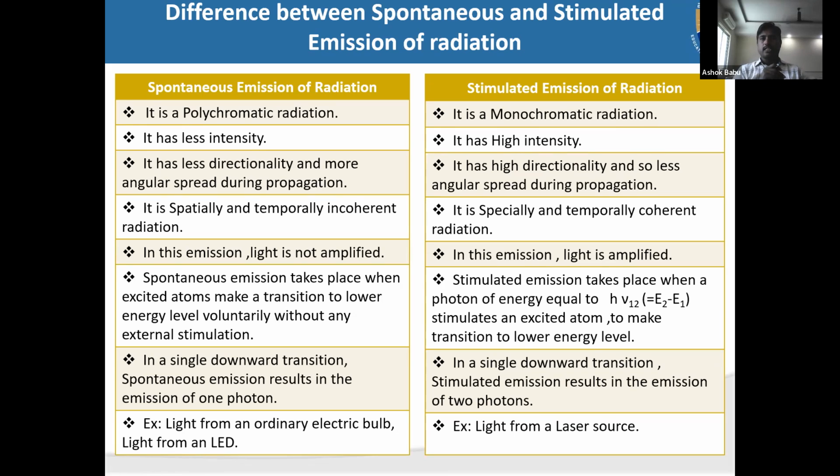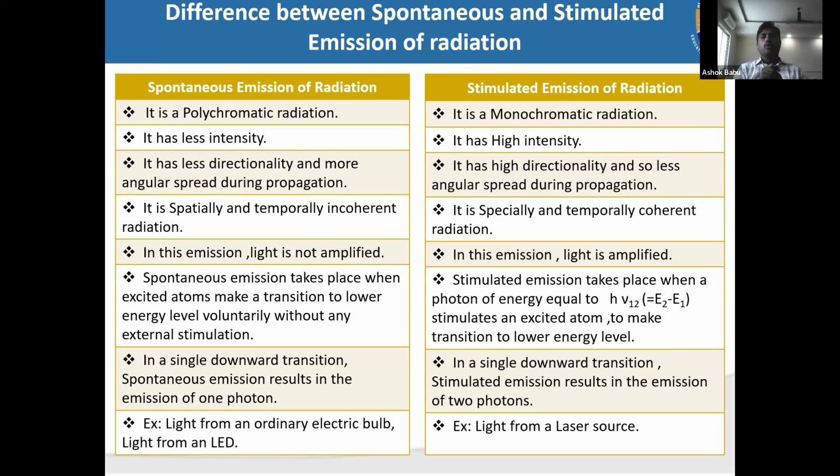Spontaneous emission has less directionality, and stimulated emission has high directionality. Spatial and temporal coherence means longitudinal and transverse coherence. Spontaneous emission is spatially and temporally incoherent radiation, but stimulated emission is coherent radiation, which means all the photons are in phase.